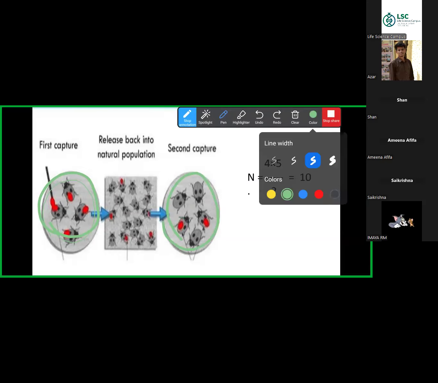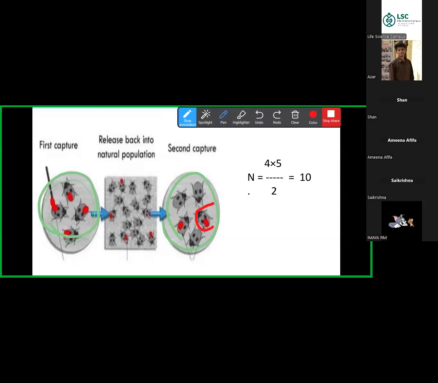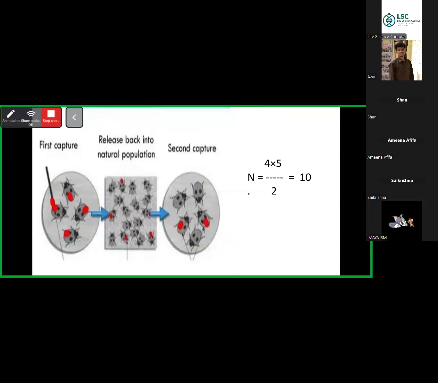Of these 5 individuals, 2 are already tagged individuals. So this 2 is the number of recapture. So population size is given by number of individuals in the first capture into number of individuals in the second capture divided by number of recaptures, that is 2. So it is 10. Is it okay? Yes, ma'am.